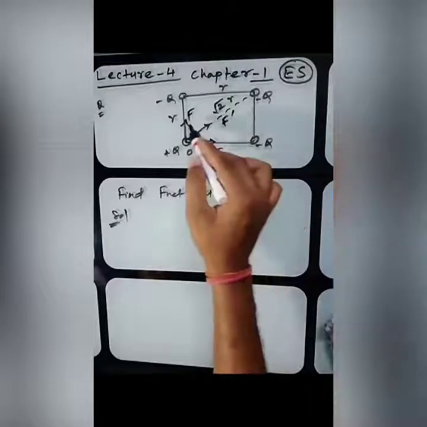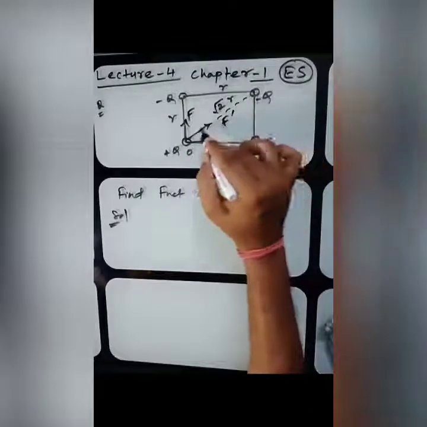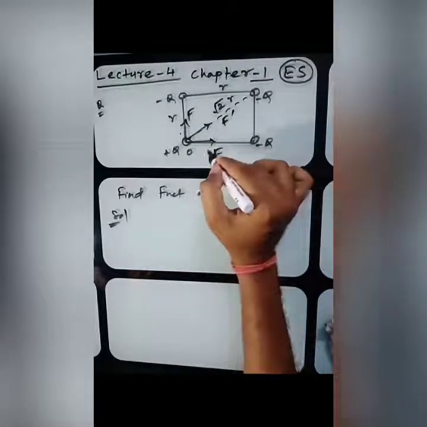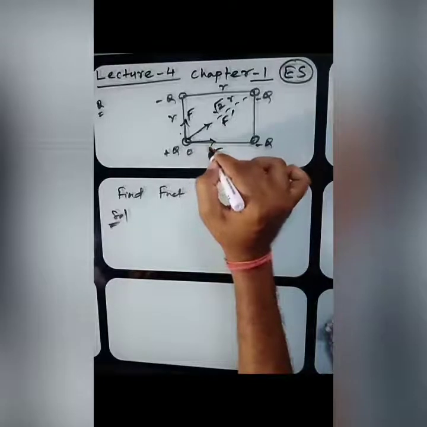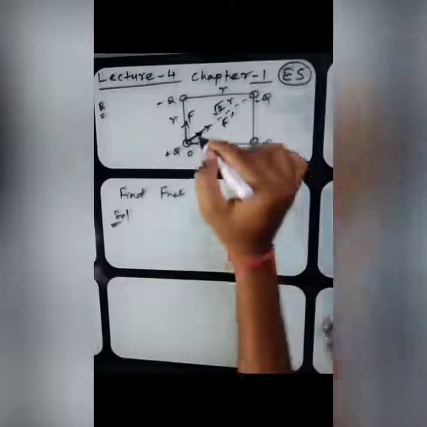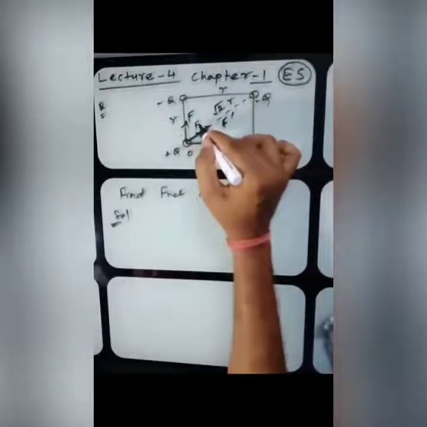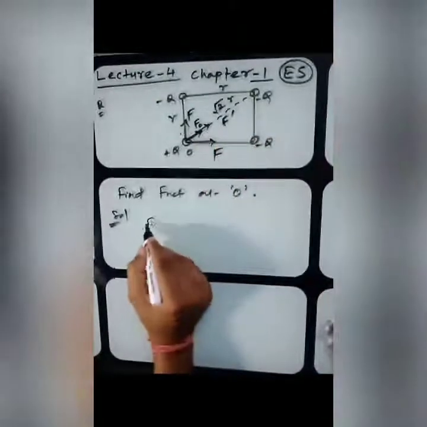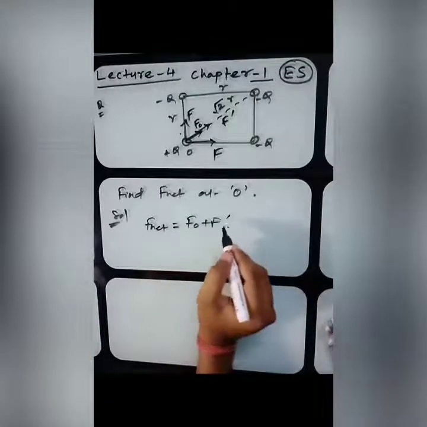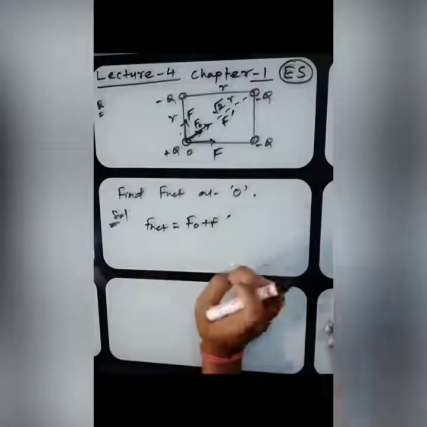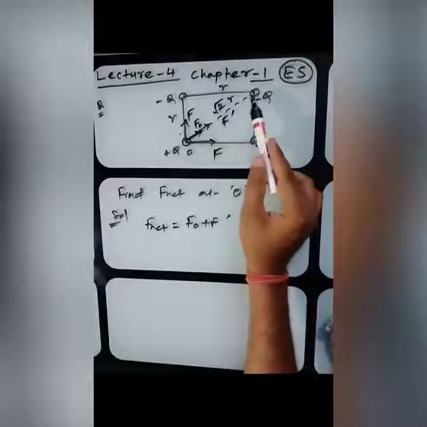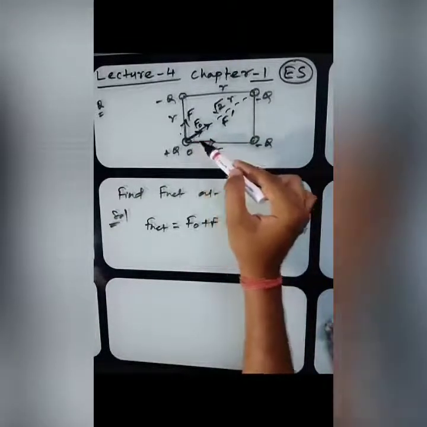Remember, these 2 forces will give you the net force on the diagonal, because these two are identical forces at 90 degree. So the net force will be at 45 degree, and the force will be in this direction. Suppose it is F naught. So the net force now will be F naught plus F dash, nothing else. This is F dash, the force due to these two charges, and F naught, this is the net force of these two forces.